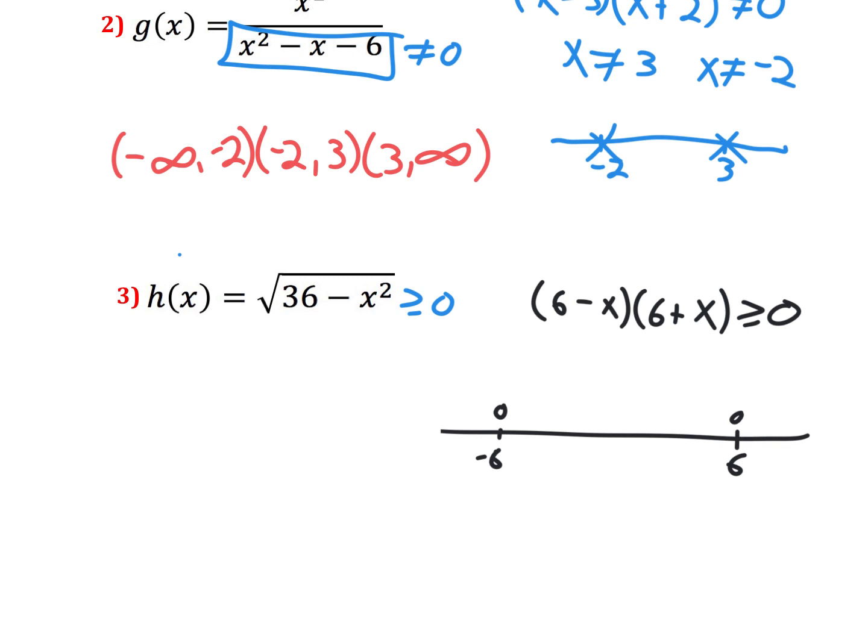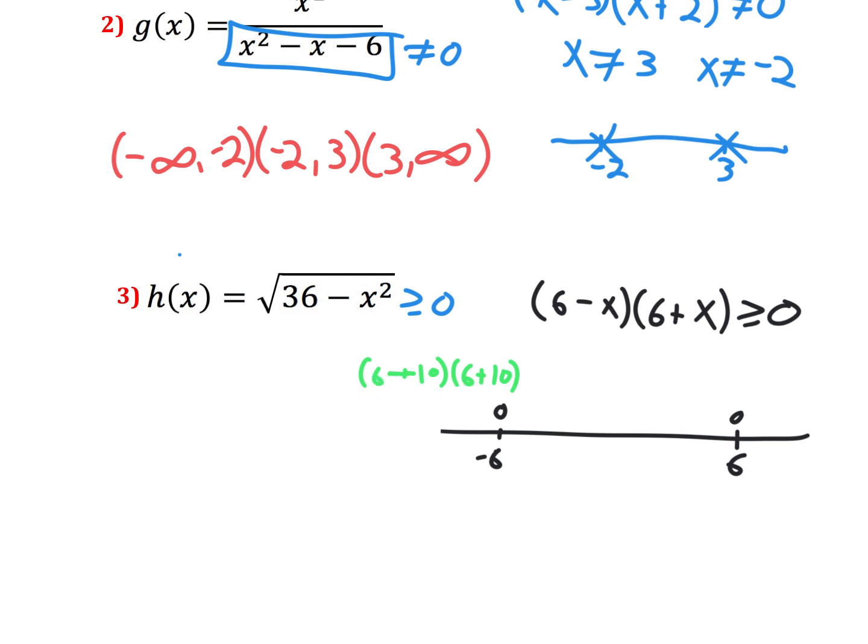How a sign analysis works is we're going to just choose some arbitrary number back here. I'm going to say negative 10. And I'm going to plug that in. So 6 minus negative 10 times 6 plus 10. Well, minus a negative turns into a plus. I don't need to know exactly what this number is. I just need to know that this is a positive times a positive. Oops, no, I screwed up.